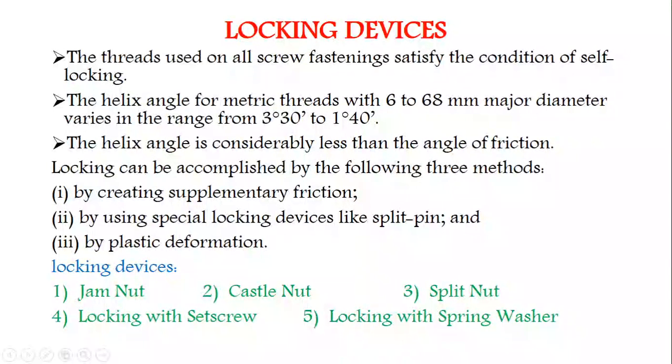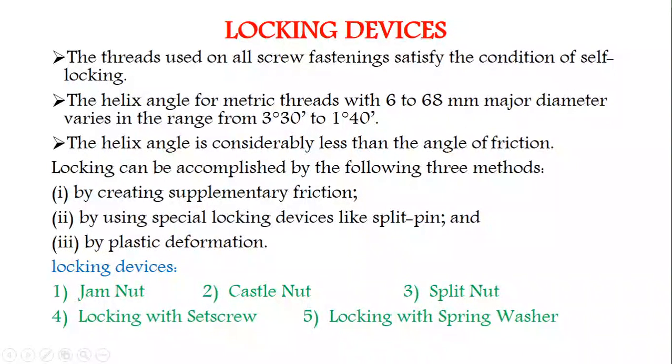Loosening is due to the reduction of friction force in the threads due to the consecutive expansion and contraction of the bolt resulting from fluctuation of axial load. It is also due to elastic vibration along the axis of the screw. In many applications, vibrations are the main cause of loosening of the threads.